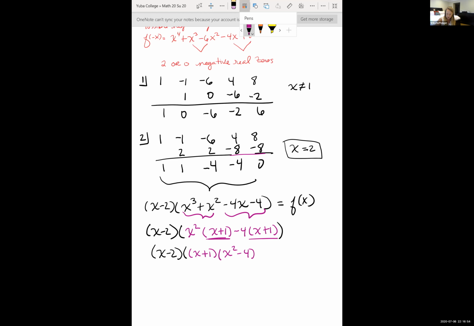So again, we can use tools that we know for factoring. You have a difference of squares there. So x minus 2, bring down the x plus 1. The x squared minus 4 can be factored as x minus 2, x plus 2. And so we just factored our polynomial f of x.